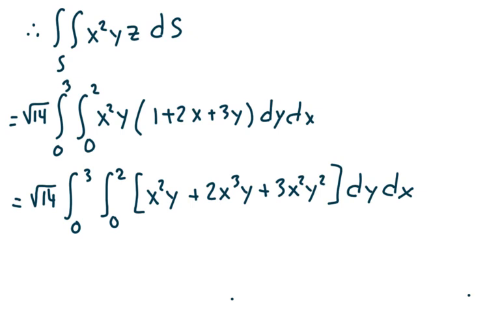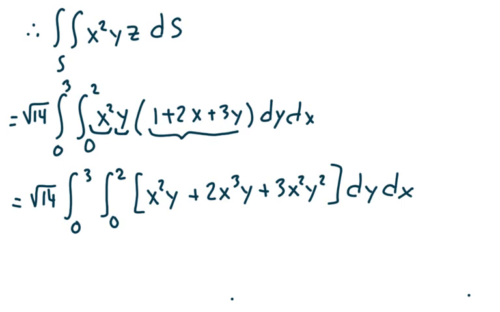So x squared gets left alone, y gets left alone, and then I'm going to replace z with 1 plus 2x plus 3y.